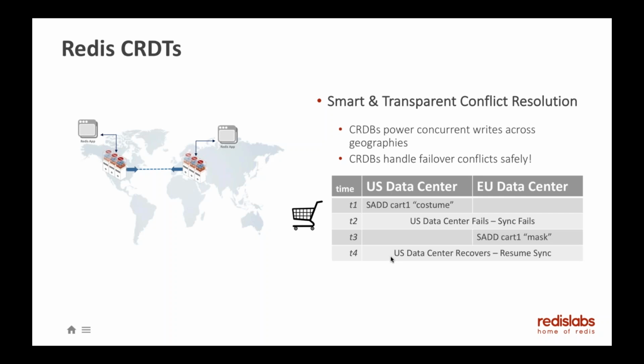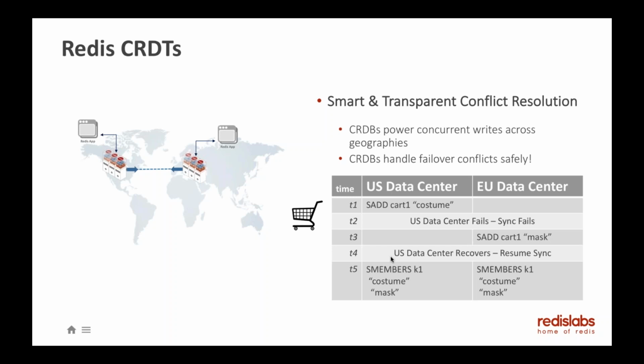Once the data center recovers at T4, let's say this was a transient failure, what happens is a synchronization between the US and the European data center. In this case, the CRDTs understand in Redis the intent of the developer. The intent of the developer was to use a set and add new items. So having a costume and having a mask in a set is not a conflicting write.